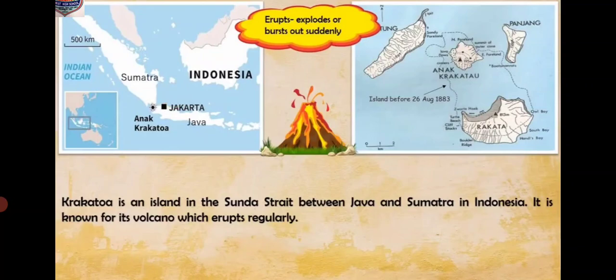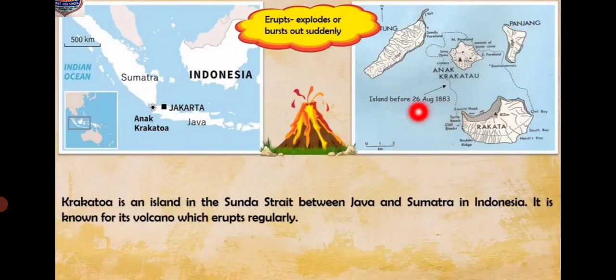Alright, so students, now in the first picture, a map is shown where you can find where exactly Krakatoa is situated. It is in the Sunda Strait, between Sumatra and Java, in Indonesia, and it is well known for its volcano eruptions which occur regularly.